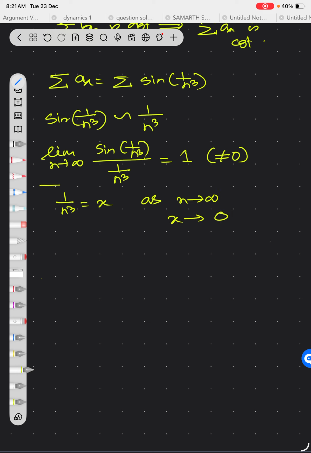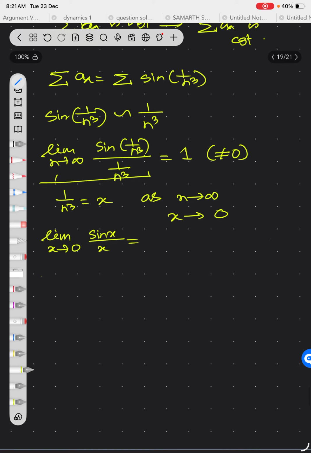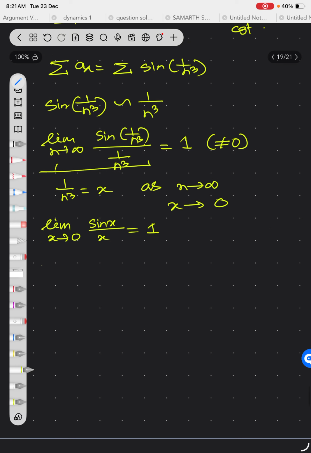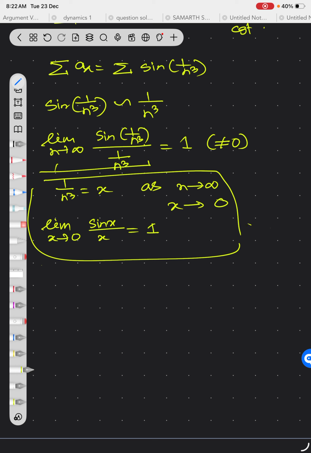Substituting these values in this limit, we get the limit as x approaches 0 of sine x by x, and this is a very familiar formula for everyone, and the value of this limit is equal to 1. So by using this substitution, the value of this limit is equal to 1.